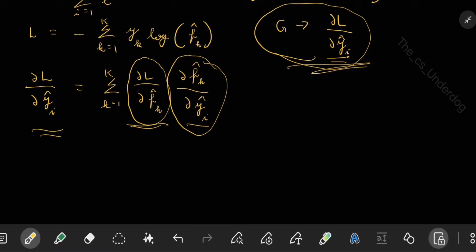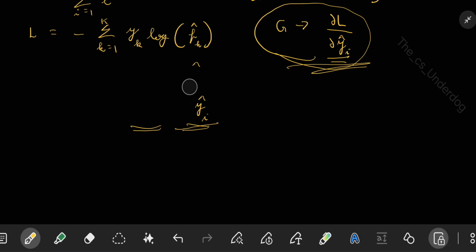First is del L by del pk cap. Second is del pk cap by del yi cap. I'll erase this part off. We'll find each of those parts, then we'll come back. For finding this, first, differentiating the loss with respect to predicted probabilities, that is del L by del pk cap. Let us see what value we get.